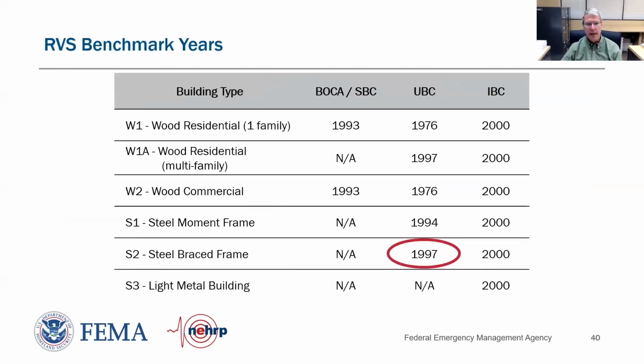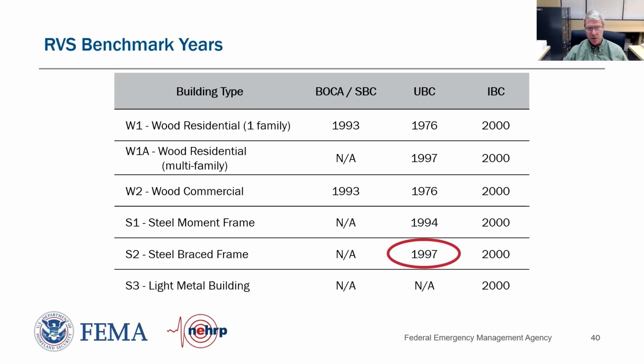And so if we look at our benchmark years associated with this building type, the FEMA 154 document provides us a table based on the building code that was used for design, the vintage. Then we just come in and compare to the table for our particular building type, and we can arrive at a decision as to whether this is a benchmark building or not.